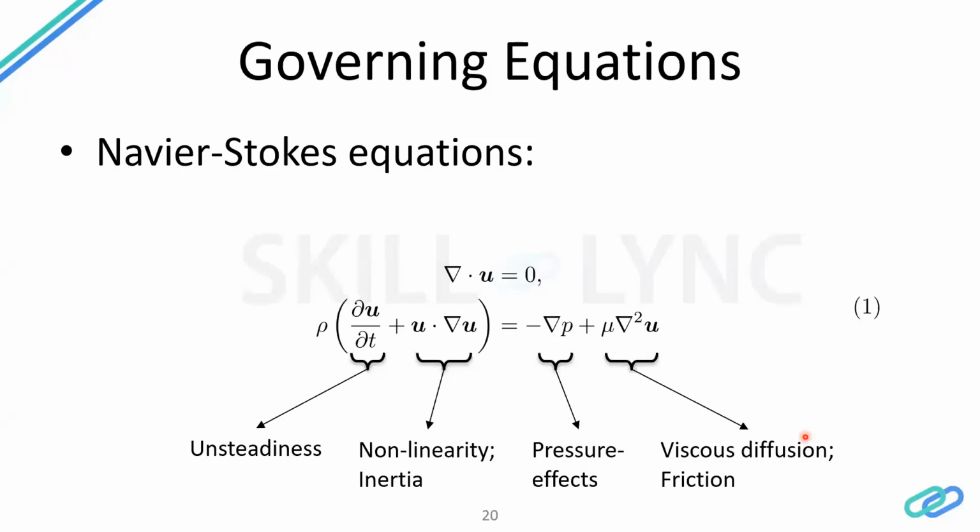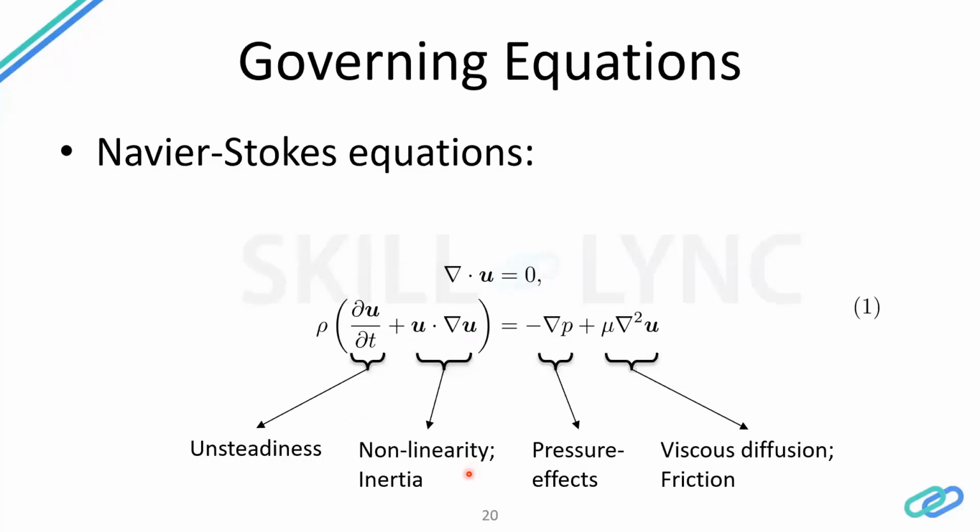So let's understand a bit more the terms in this equation. The first term, as you can see, is the derivative of time. So it tells you that there is the hidden meaning of unsteadiness in this term. Then there is this more complex term, which involves the product of velocity.